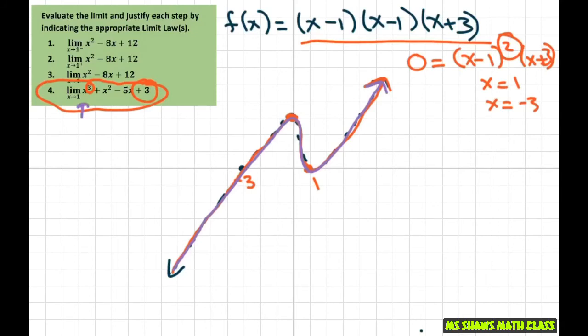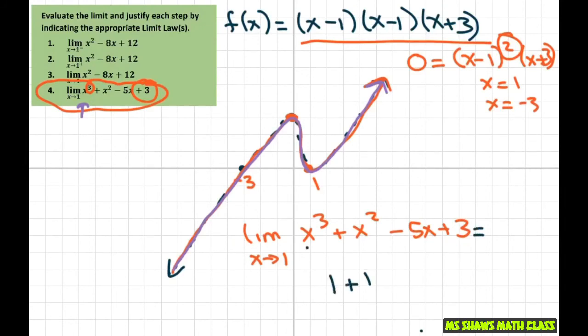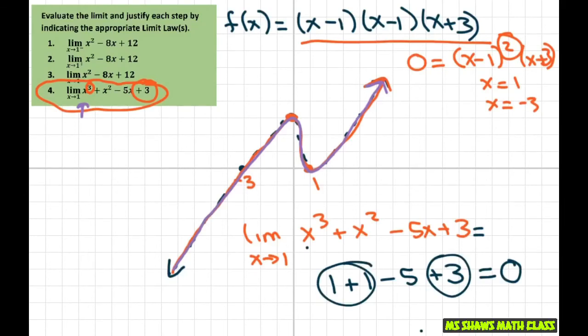So the limit as x approaches 1 of x cubed plus x squared minus 5x plus 3 is, and you just plug in 1. 1 plus 1 minus 5 plus 3. And that's going to equal 0. These two are 5. So that's 0. And there it is, your limit right there.